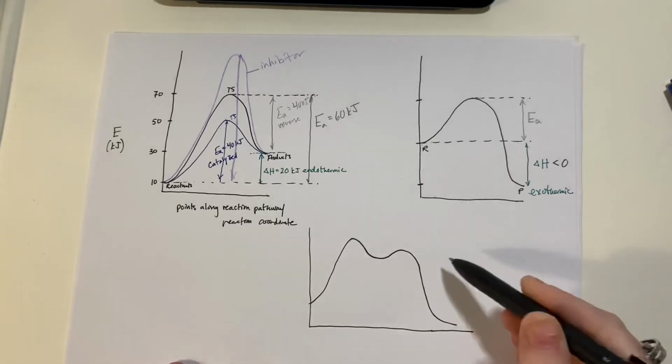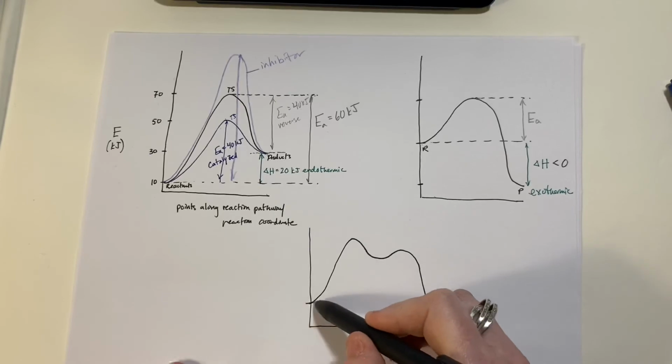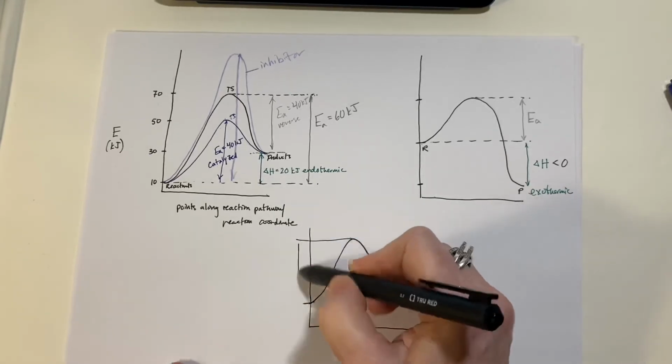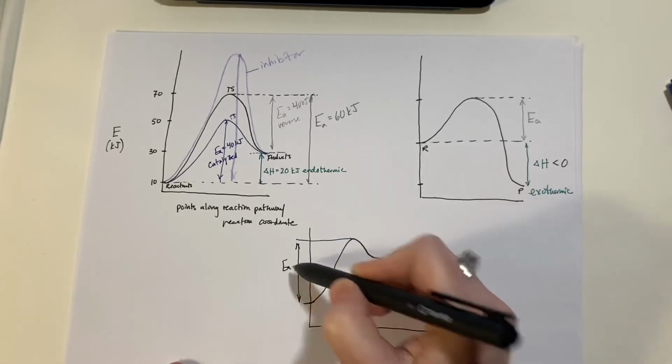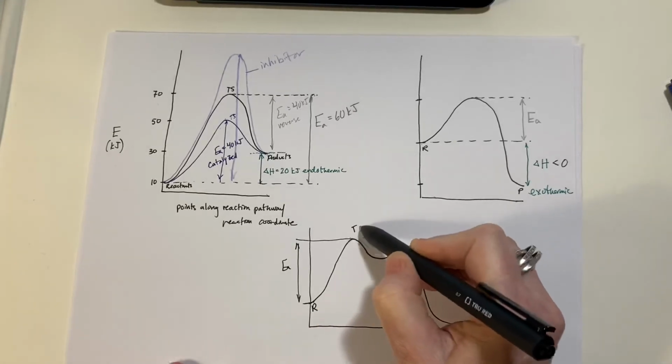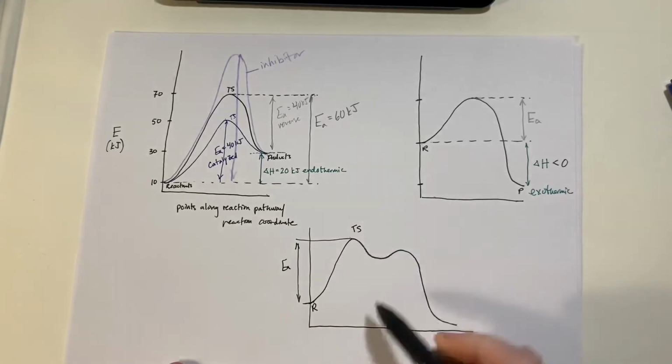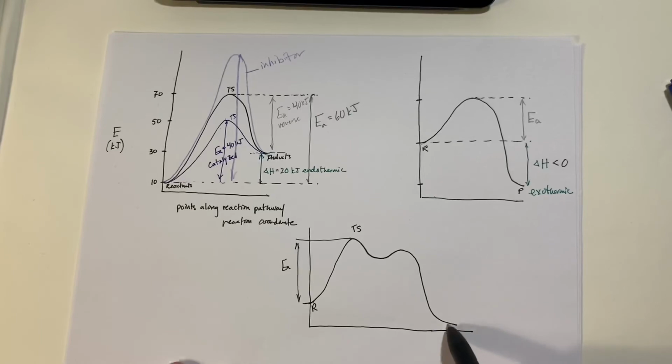Look at that. That's a different pathway. Activation energy would still be this difference between reactants and this first transition state. And delta H is still the difference between the products and the reactants.